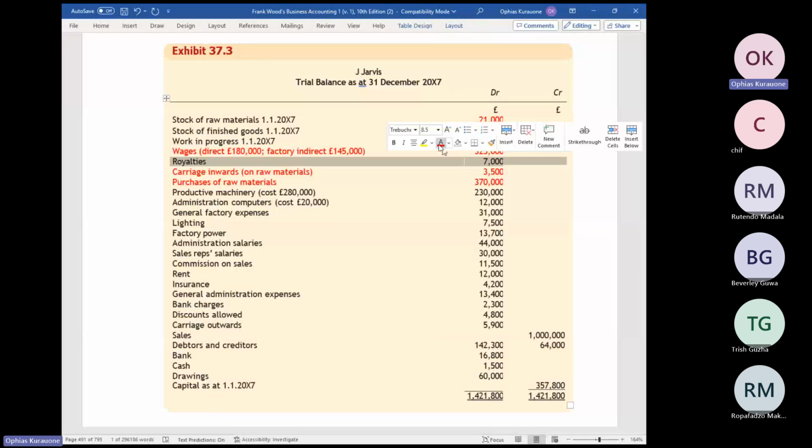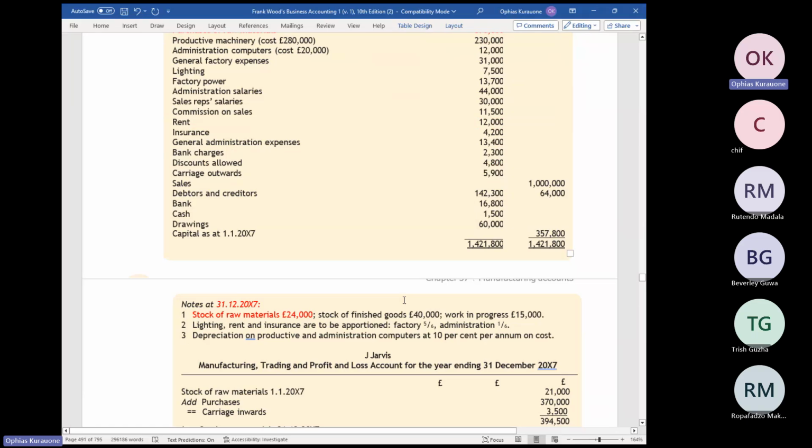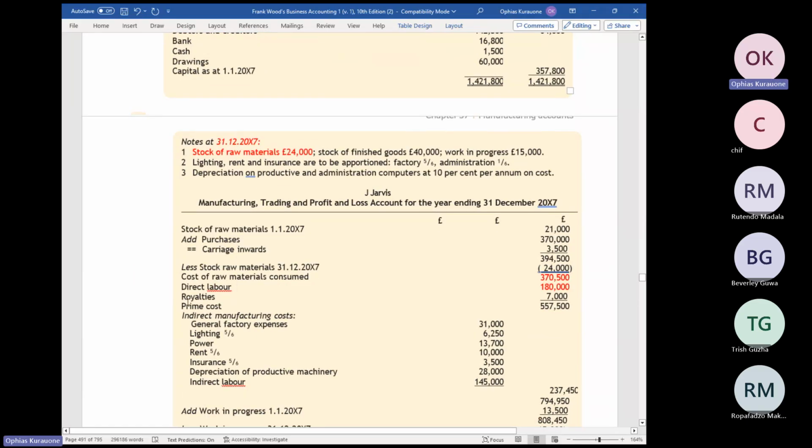Then we have got prime costs here, unless we have other direct costs. So the prime costs here will be the cost of raw materials consumed plus direct labor plus royalties. Then we get prime costs.